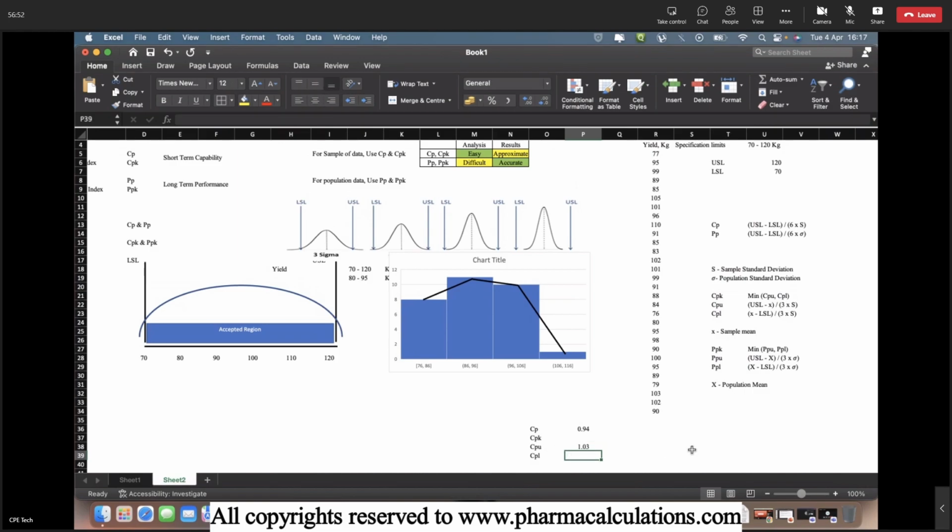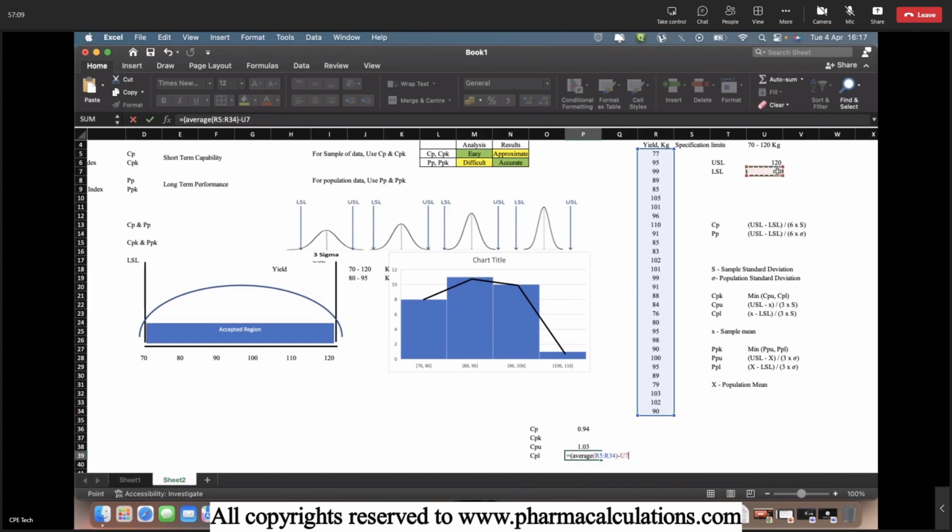And coming to the CPL, this is the sample mean, that is nothing but an average of this, minus the lower specification limit, divided by 3 times the standard deviation.